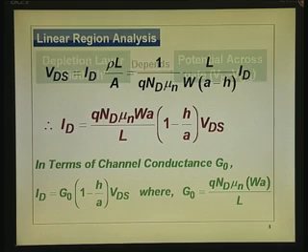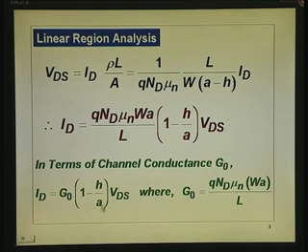Now, instead of writing A, it becomes easier to define a term called pinch off voltage. Okay. Now, let us just go into this, one or two things I want to write here. This is the equation that we have got.